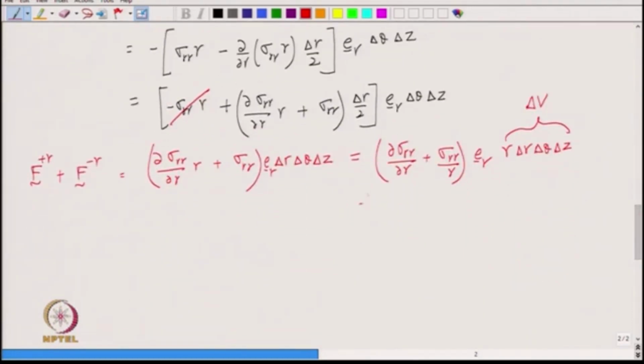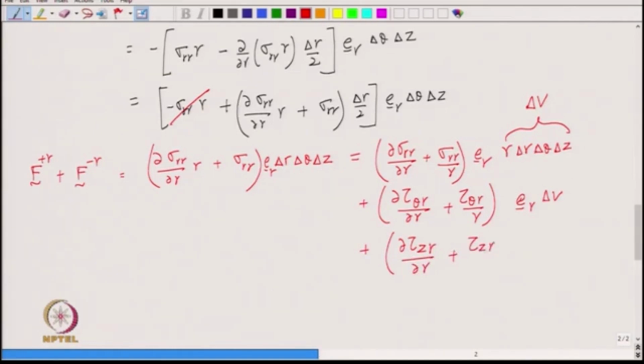So, that is going to be plus del tau theta r over del r plus tau theta r by r into E r into delta V plus del tau z r by del r plus tau z r over r into E z into delta V, right.